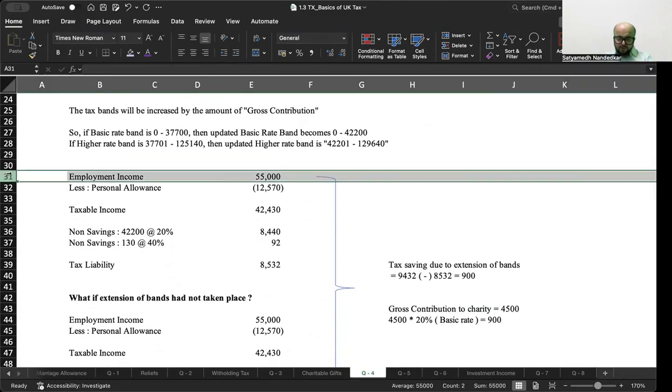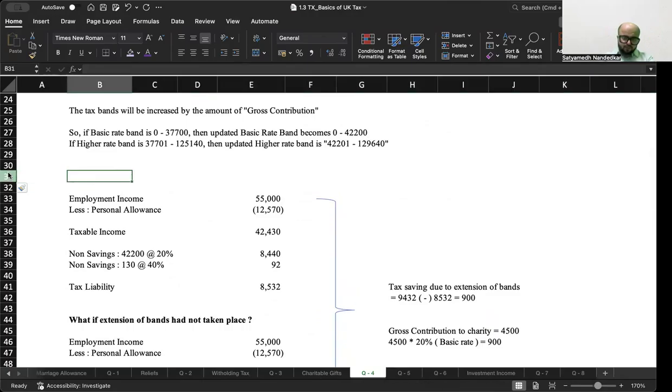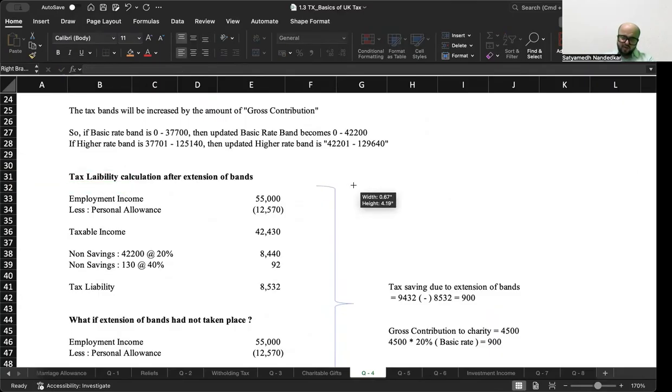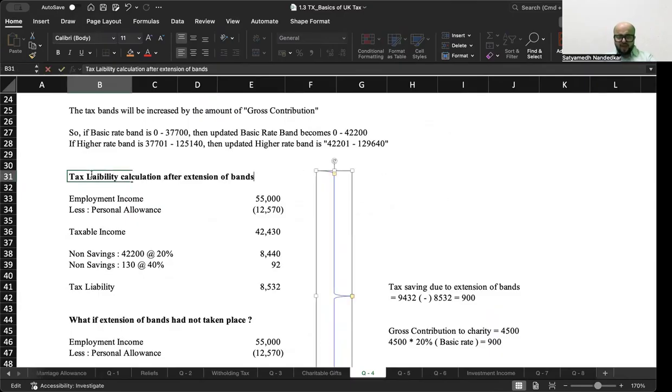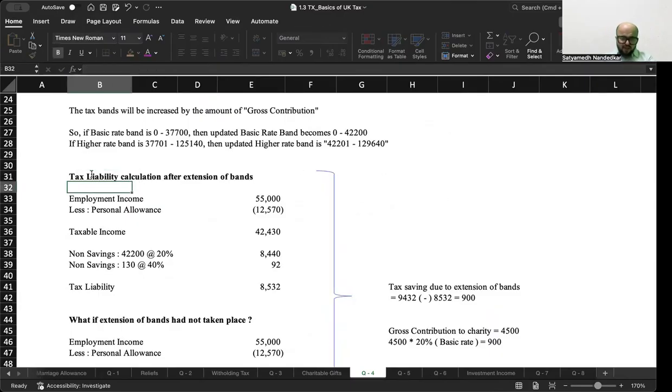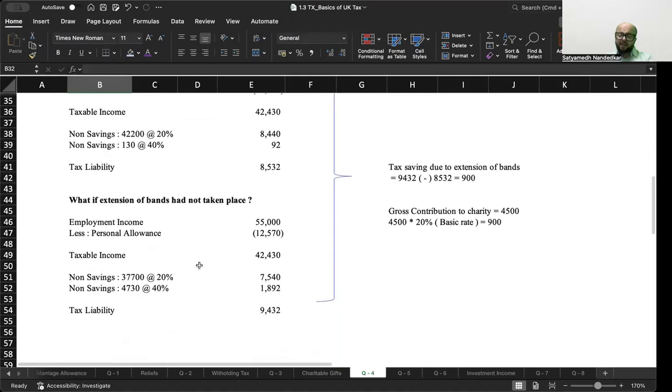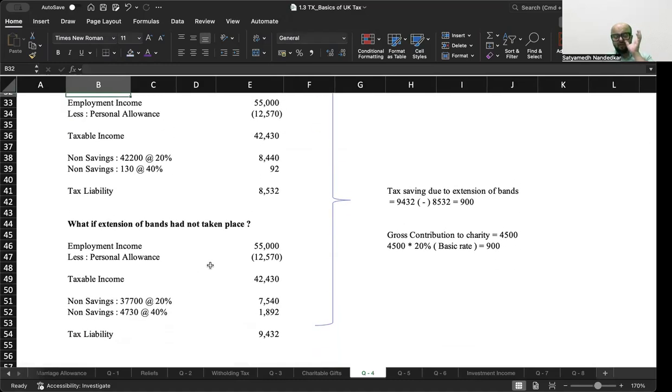Now, this is the tax liability calculation after extension of bands. After extension of bands, as you can see, the amount of tax liability has reduced by 900.